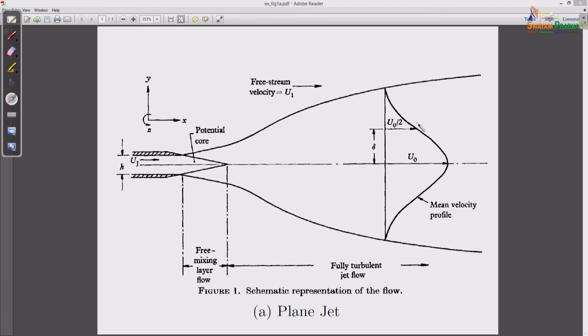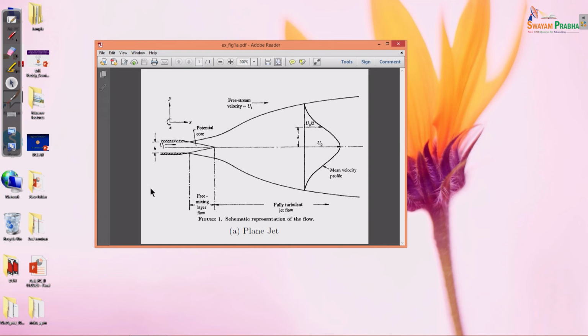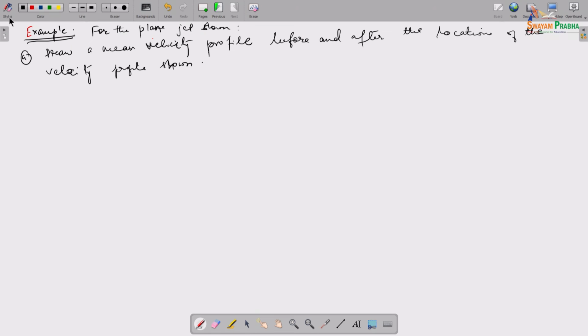Will this length or height remain the same? If I go to a location just before this location, will the delta be more or less? These are some of the questions we need to answer first before we can start drawing the velocity profiles.